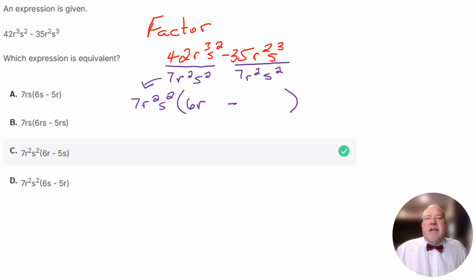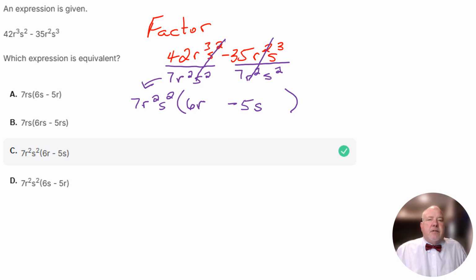And s to the second over s to the second, that's just going to cancel out because that's 1. And then 35 divided by 7 is 5. R to the second divided by r to the second, that's going to cancel out. And then s to the third divided by s to the second. 3 minus 2 is 1. So s to the first. And again, I don't need to write the 1.